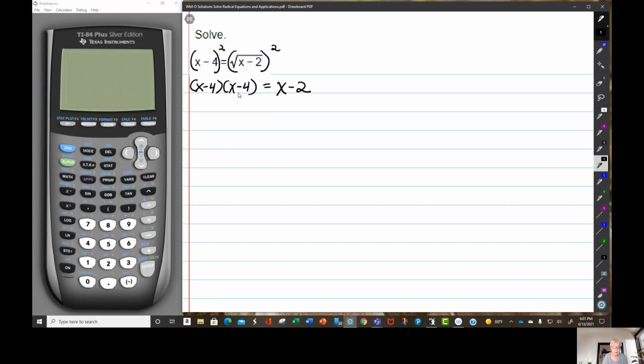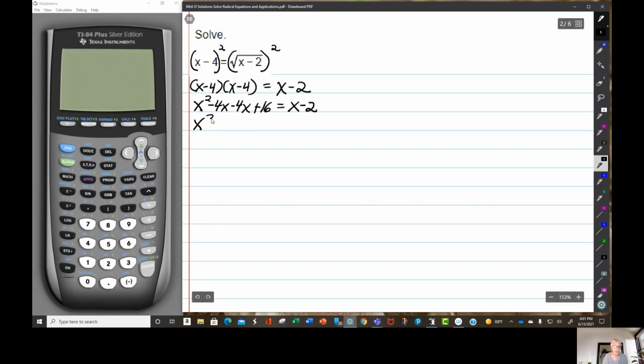Now, let's multiply this. We'll get x squared minus 4x minus 4x plus 16 equals x minus 2. Minus 4x, that's minus 8x.